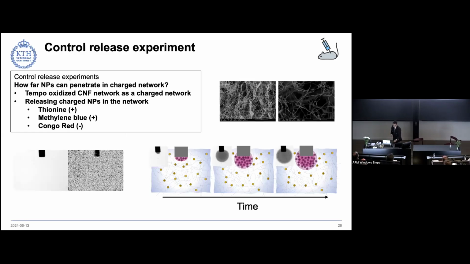So what we did here is to improve the study with some experiments, which I have done in Switzerland at EMPA. We were interested to see how far the nanoparticles can permeate in the charged network. So we used cellulose nanofibers, which are negatively charged, as a system, and we released some charged nanoparticles into the system, positively and negatively, to see how they diffuse.